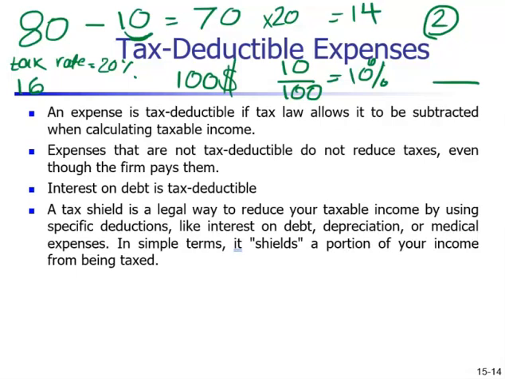The interest itself helps you to keep $2 more in your pocket. So in fact, you are paying $8 out of your pocket. Government pays $2 of that $10 for you. So the real interest rate is 8%.